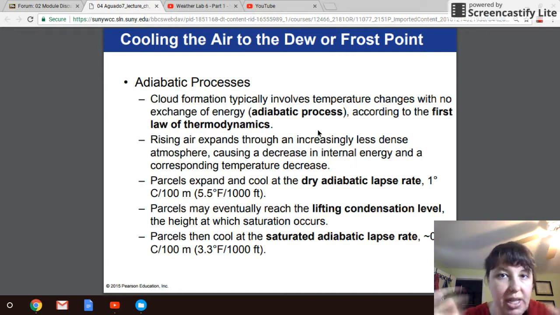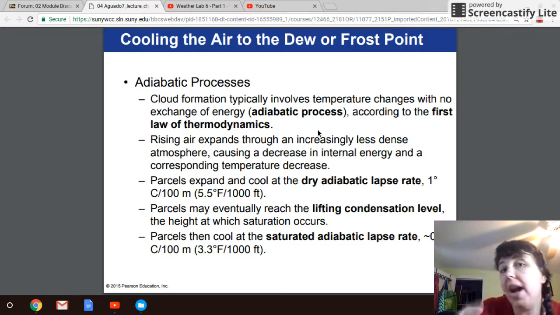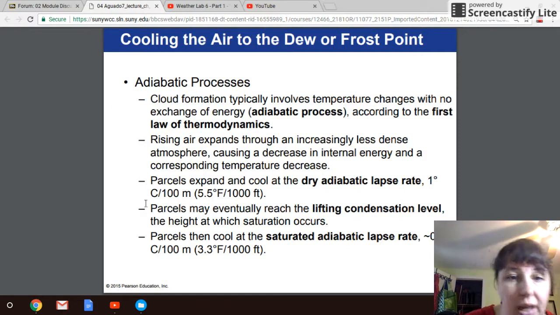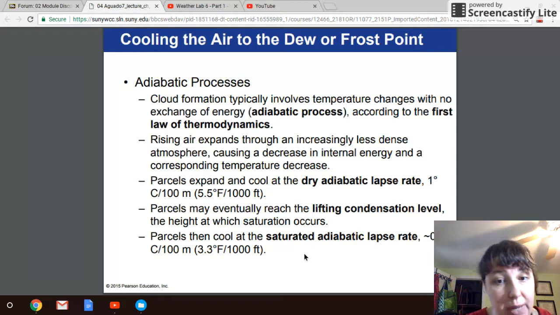So they are releasing heat energy, and all the little nitrogens and oxygens floating around those little water molecules are gaining energy. And so instead of cooling off at a dry adiabatic lapse rate of 10 degrees Celsius every 1,000 meters, or 1 degree Celsius every 100 meters, it will begin to cool off at 0.5 degrees Celsius every 100 meters, or another way to think of it is 5 degrees Celsius every 1,000 meters. And that is known as my saturation lapse rate.